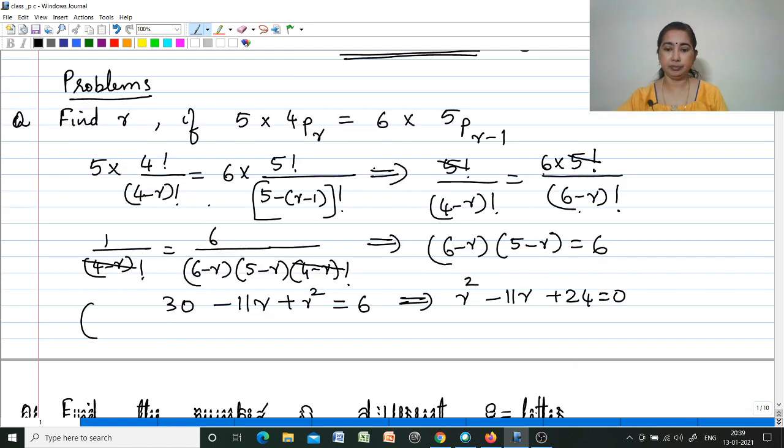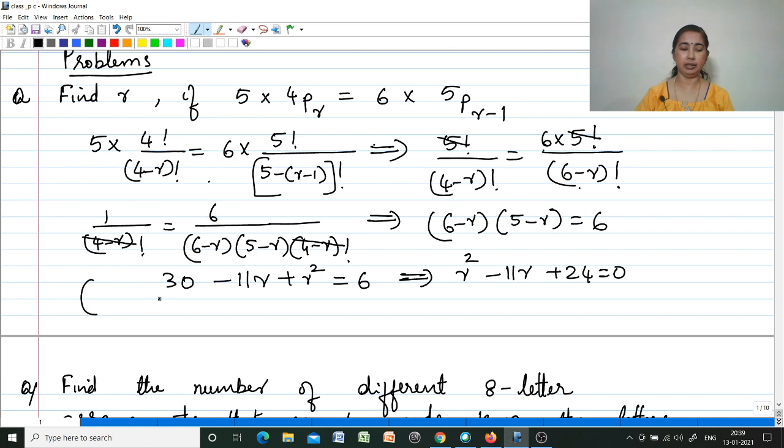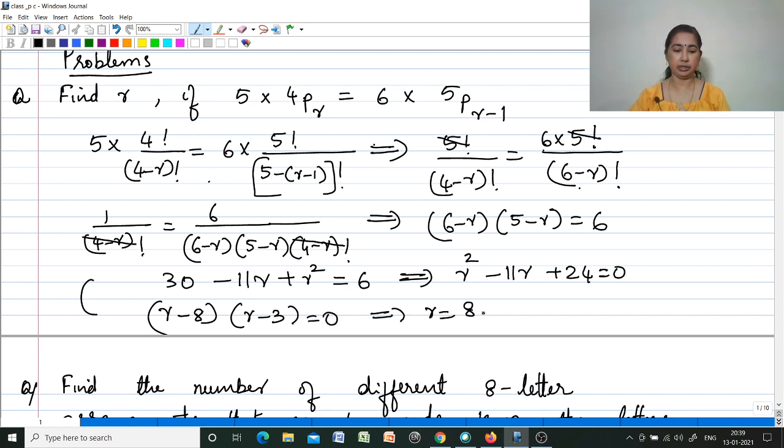Now what is the value of r? We can factorize: 24 can be written as minus 8 into minus 3, and the sum of minus 8 and minus 3 is minus 11. So (r minus 8) into (r minus 3) is equal to 0, or r is equal to 8, 3.